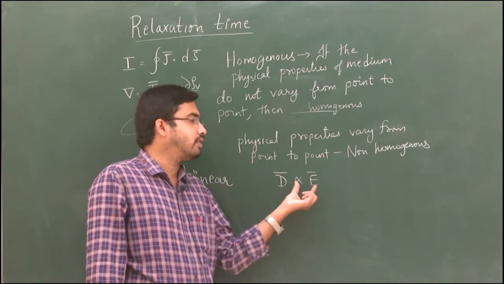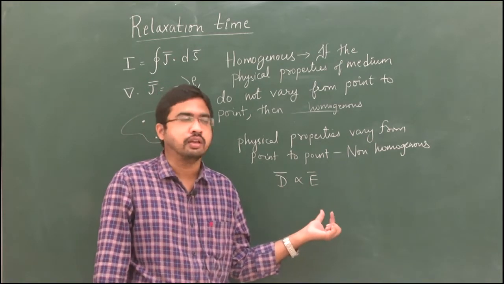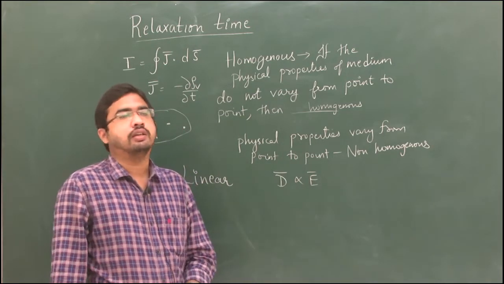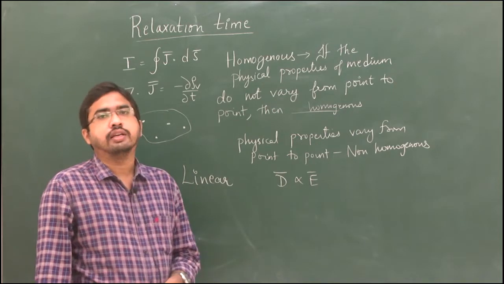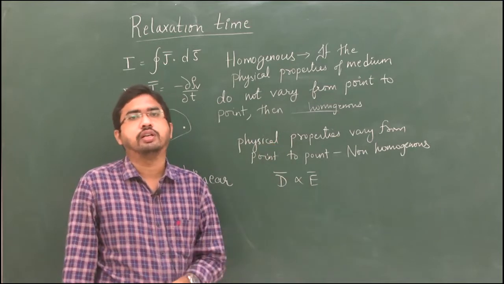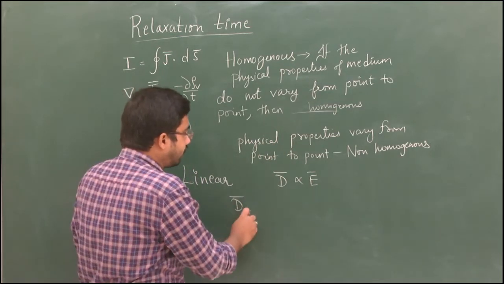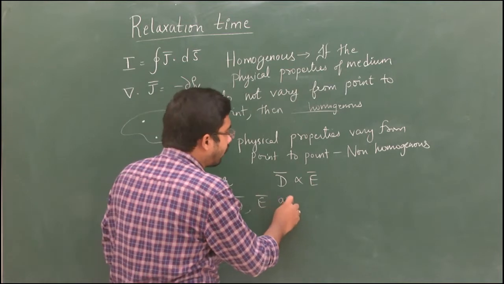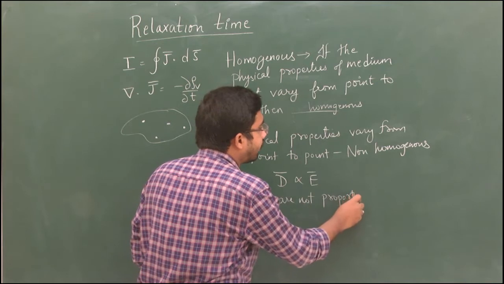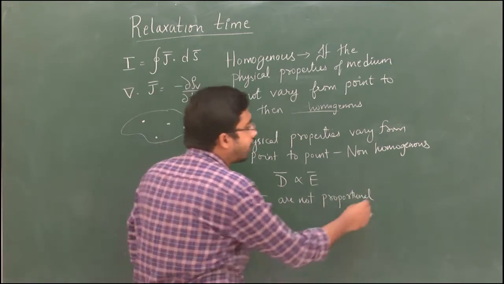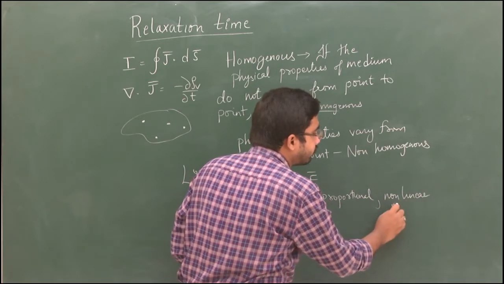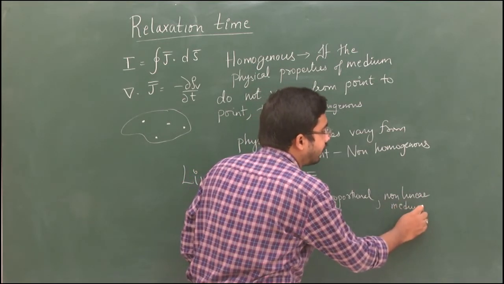If both these quantities are proportional to each other, then such a medium is called a linear medium. If D bar and E bar are not proportional, then they are called non-linear mediums.